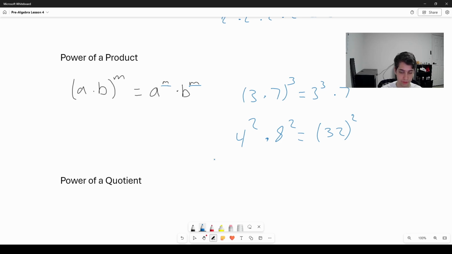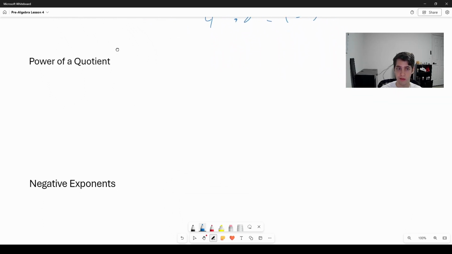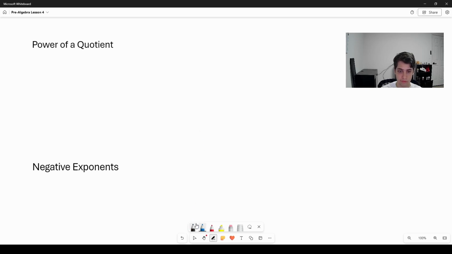Power of a quotient is the sister rule to what we just talked about with products, but now with division. This one is very similar, but the idea is if we're dividing a variable or a value by another value, and that whole thing is being raised to an exponent, just like the last time, we can rewrite it as the first one to the exponent divided by the second value to the exponent.